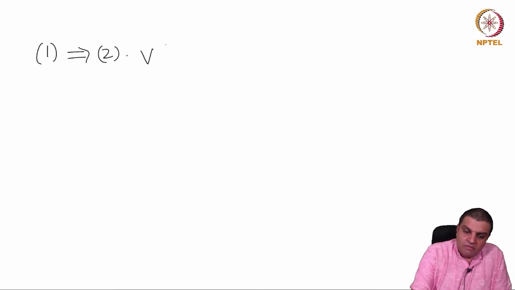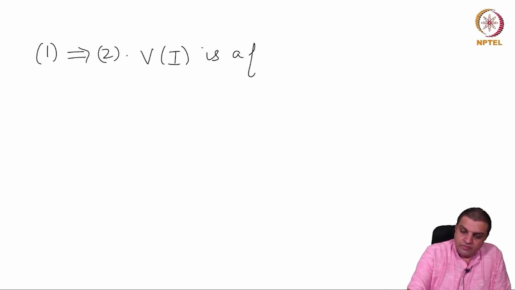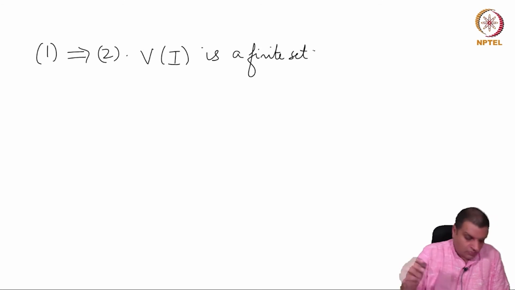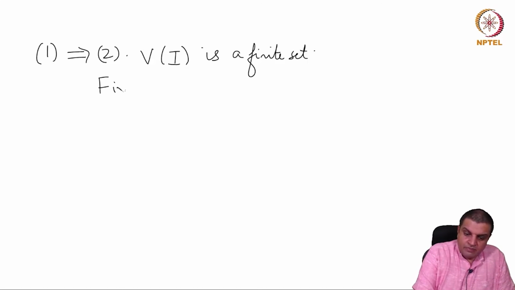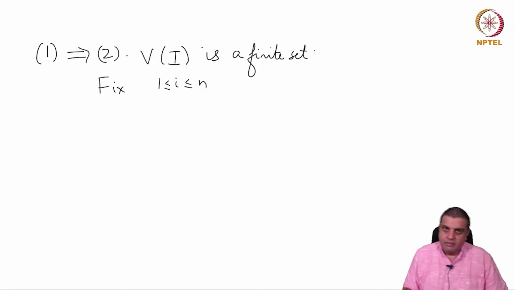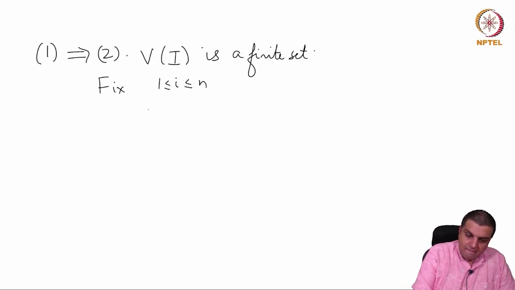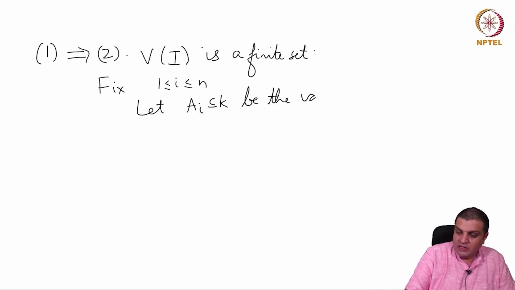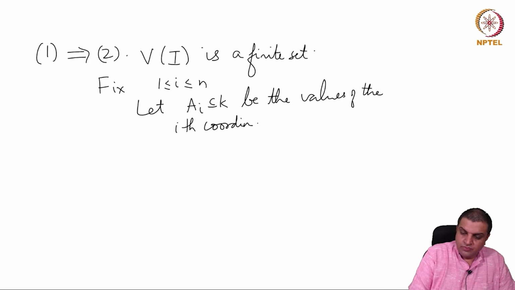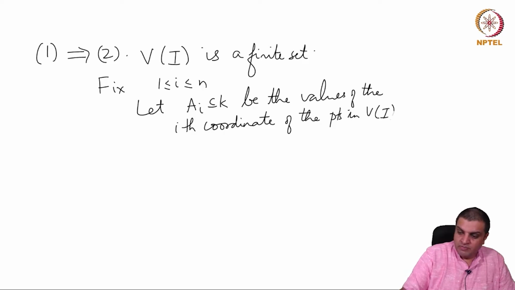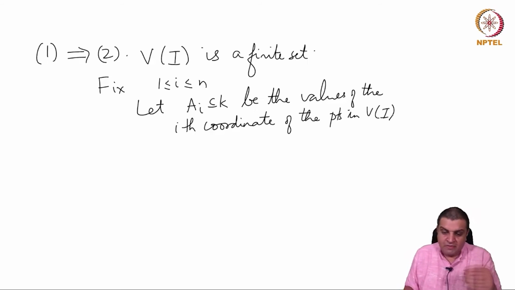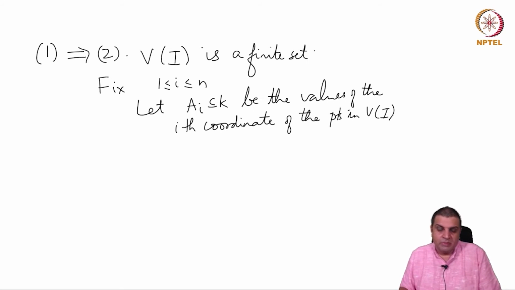Okay, so V of I is a finite set. Fix an i between 1 and n, and let Ai inside K be the set of values of the ith coordinate of the points in V of I. So just project V of I to the ith coordinate and pick out those values, the image of that map.